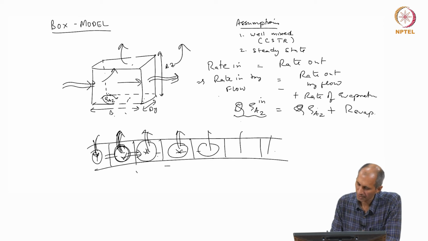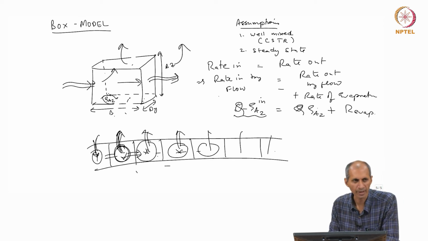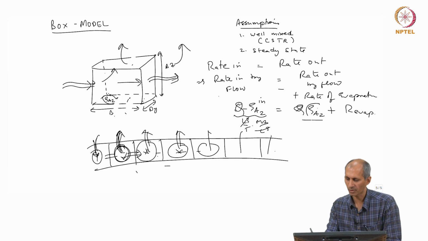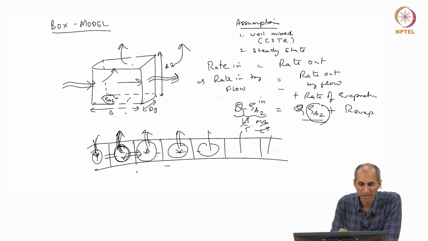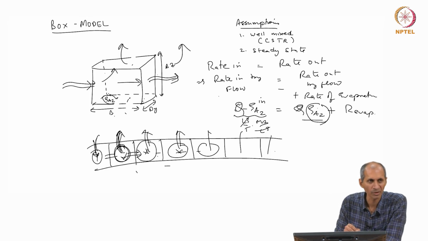The units of Q, volumetric flow rate, are L cubed by T, into MA by L cubed, this is MA by T, and this will also be the same. Now, if you notice here this rho A2 is the concentration that is leaving the system, which, since I am assuming it is well mixed, is also the concentration inside this box. This is the basic assumption of a CSTR. So, well mixed box model.